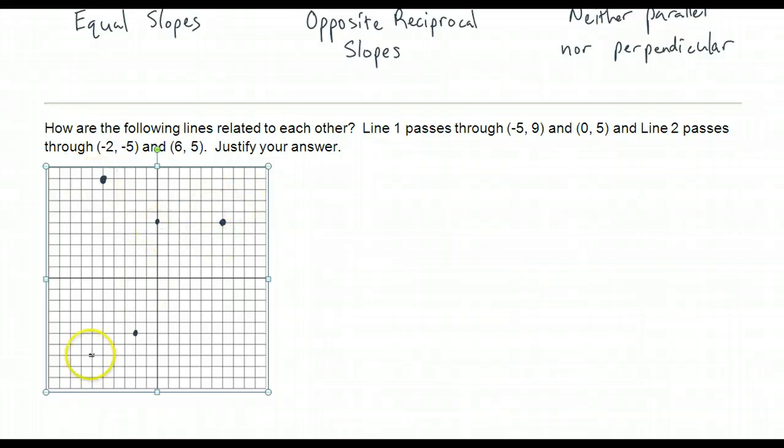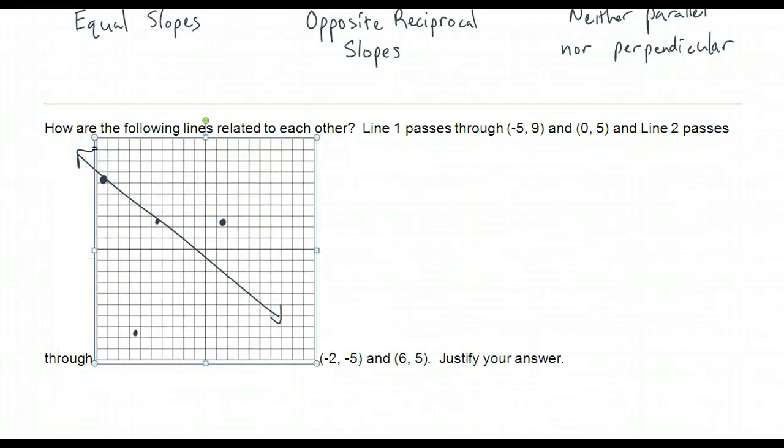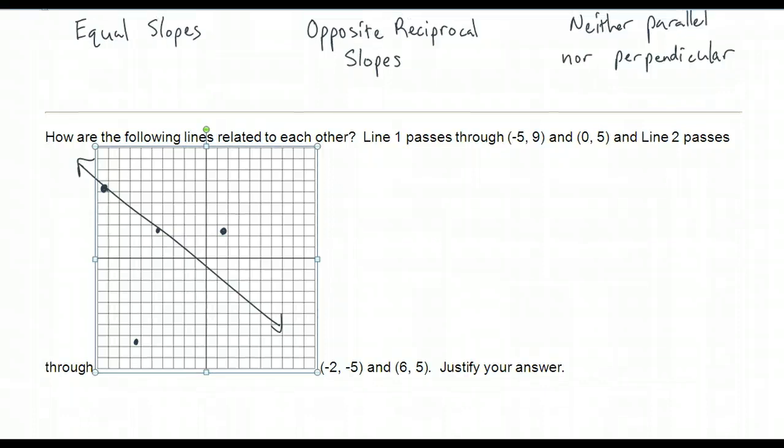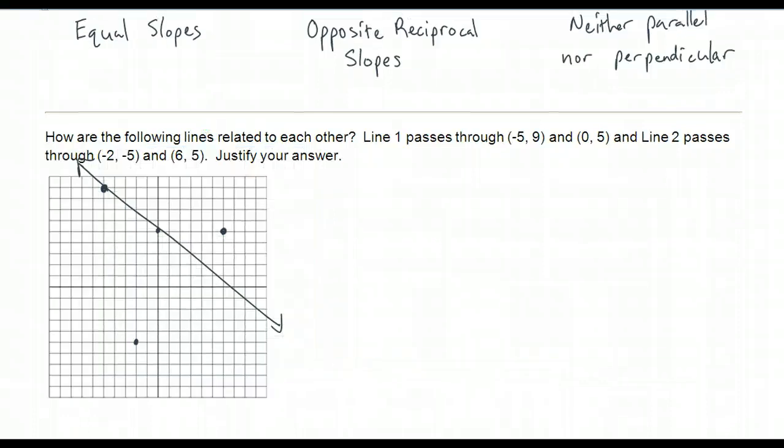Well, if I just look at the line segments, these two line segments don't even intersect. But I'm talking about the line that passes through these points. So when I connect these 2 points, I'm going to extend that line all the way across my graph. I'm going to call that line, line 1, using an italics L with a subscript 1.